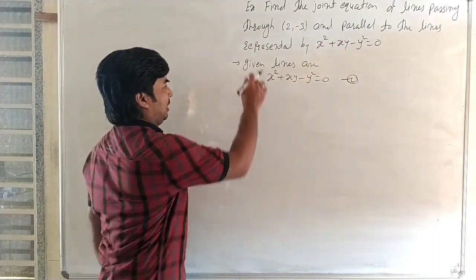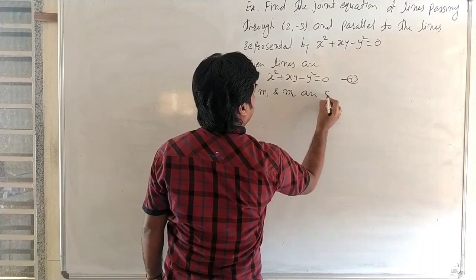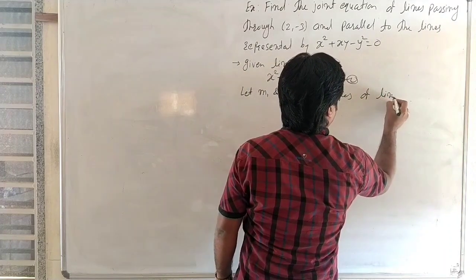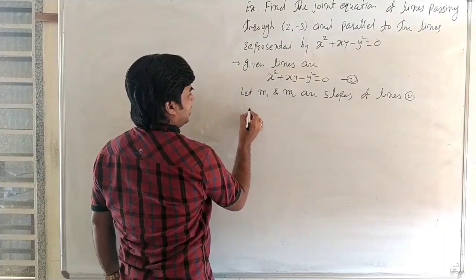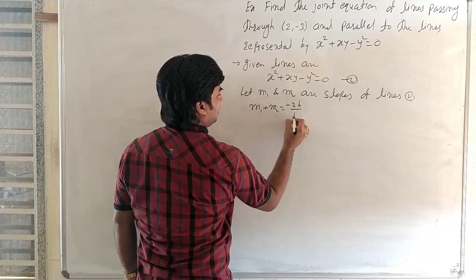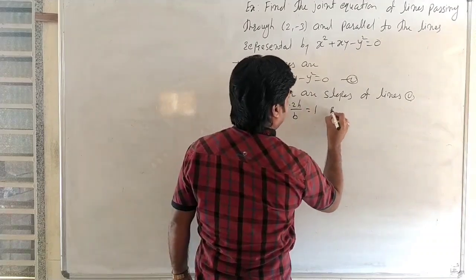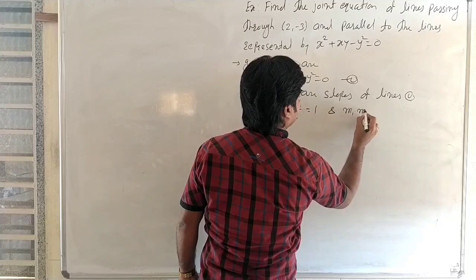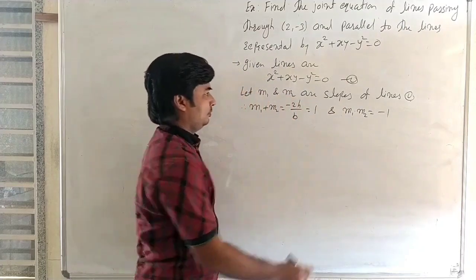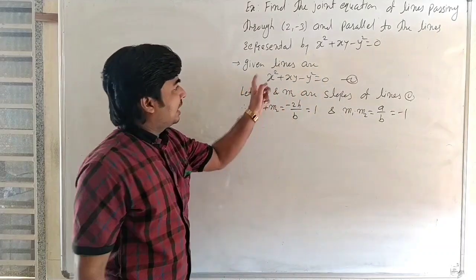In the same manner here, let m1 and m2 be the slopes of lines 1. Therefore, we know that the sum of the slopes, that is m1 plus m2, is minus 2h by b, and that is minus 1 upon minus 1, it is 1, and m1 into m2 is a by b, it is minus 1.